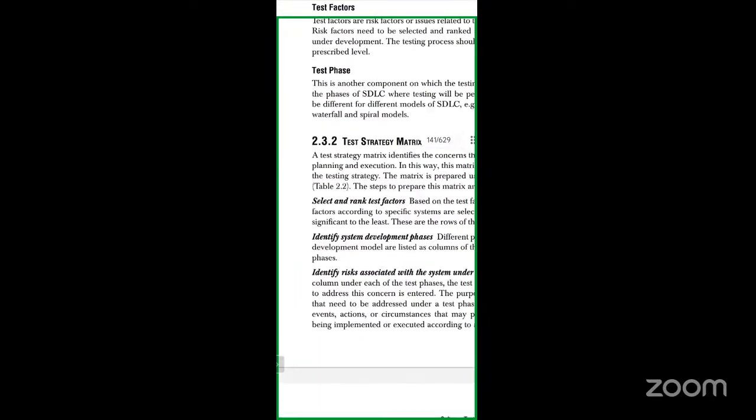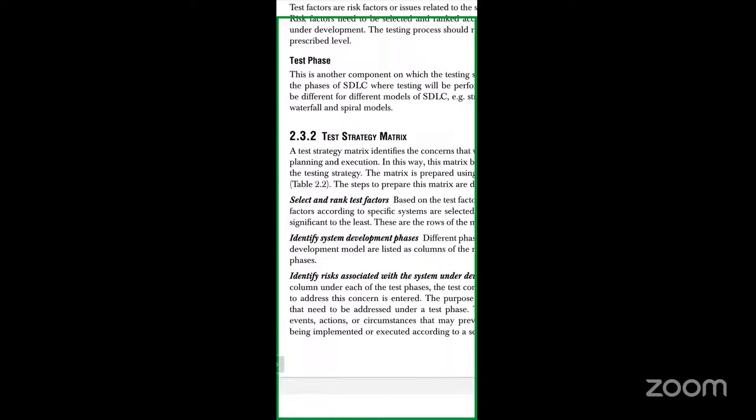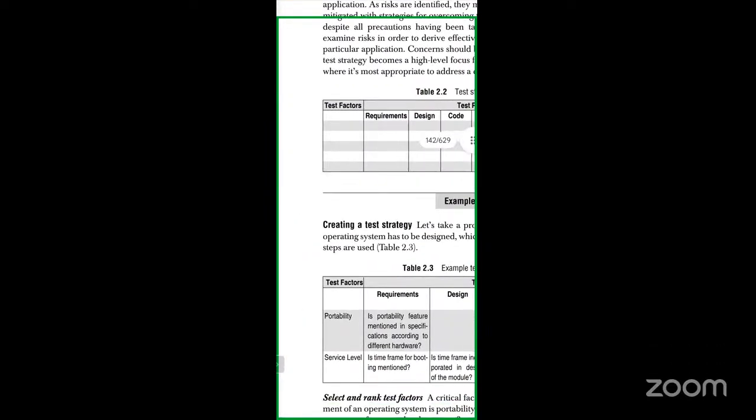Then we check with the test strategy matrix, where we have the rank, where we identify the development phase, and identify the risks associated with the particular testings.